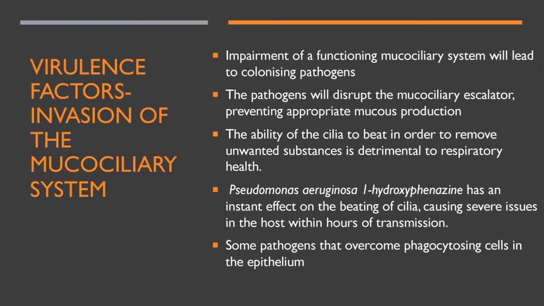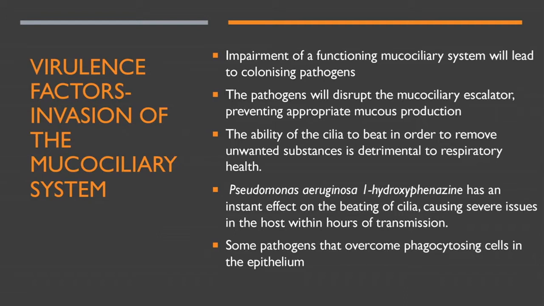The mucociliary system of the respiratory tract is a well-developed defense mechanism, and as such, bacteria need to disrupt this system to cause infection. Disruption of the mucociliary escalator will prevent the appropriate production of mucus, causing a dry throat or over-lubricated respiratory tracts. Some pathogenic bacteria use mucus as a target substance to begin infection.